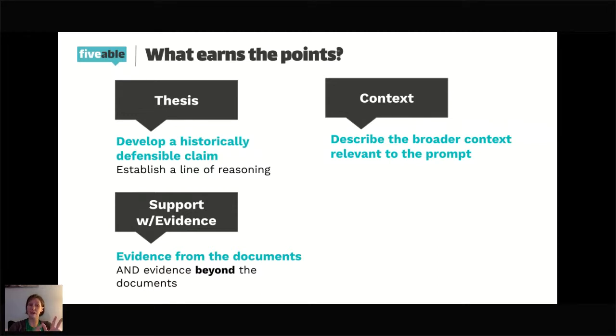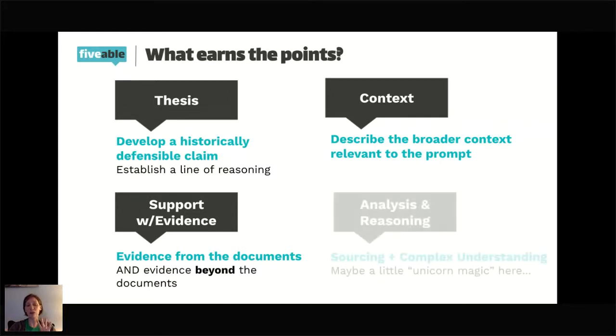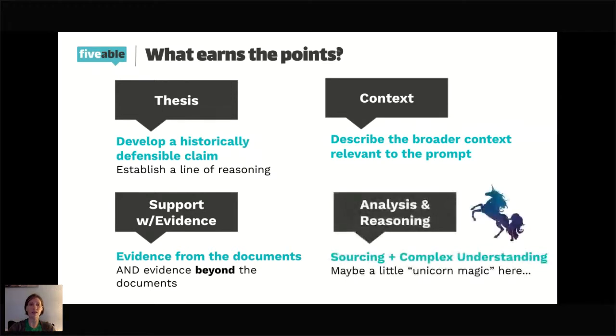And then that third evidence point comes from thinking of a piece of evidence that you know about world history that isn't in any of the documents and bringing that in to support an argument. So finding the evidence and using that evidence to support your ideas is a huge part of where you earn points on the DBQ.